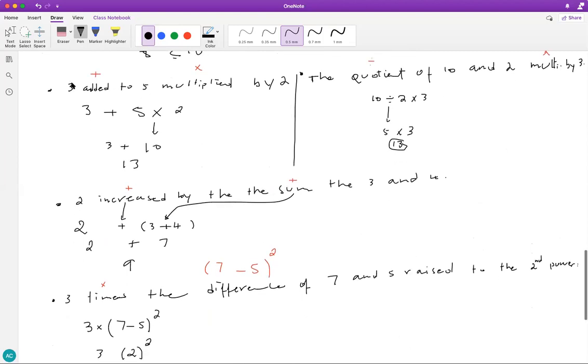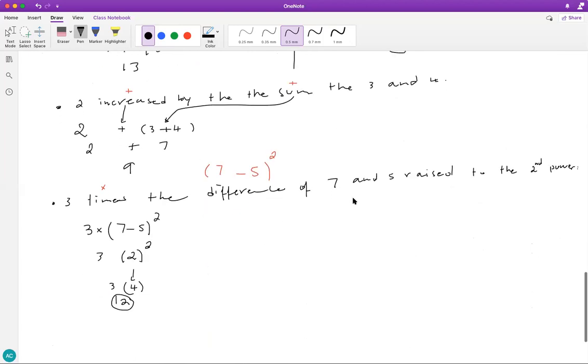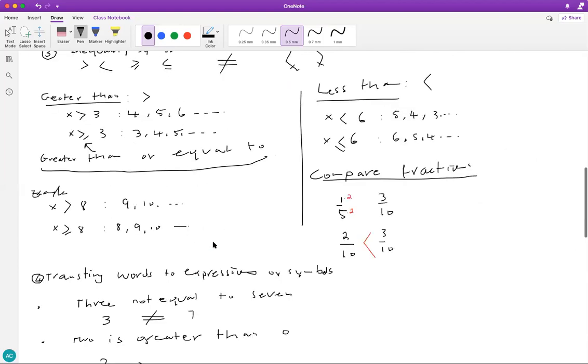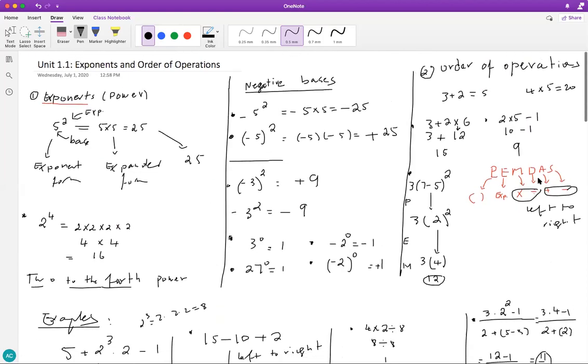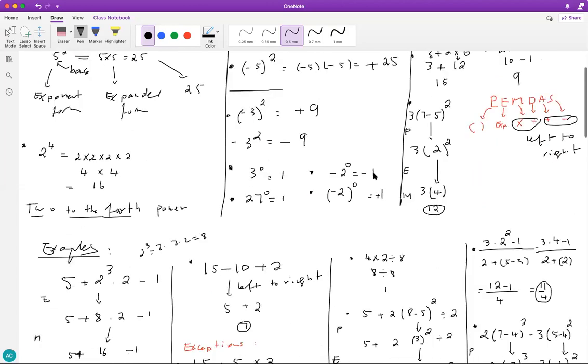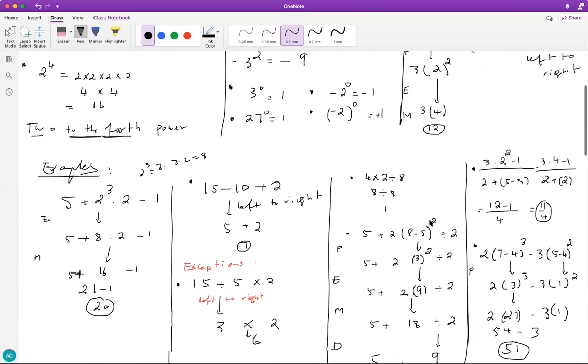Same thing with subtraction, you may say 3 less 7 or 3 less something. So translate your sentences first correctly. Once you translate them, then you use the order of operations. So expressions are not always written like this. Sometimes it could be a word problem that you need to read, understand, translate correctly, and then solve.